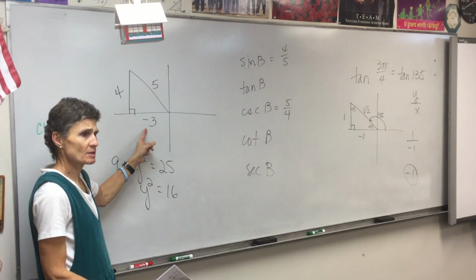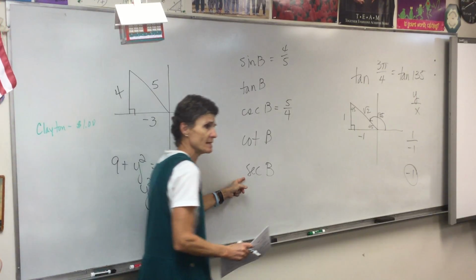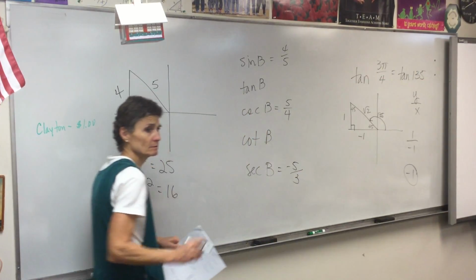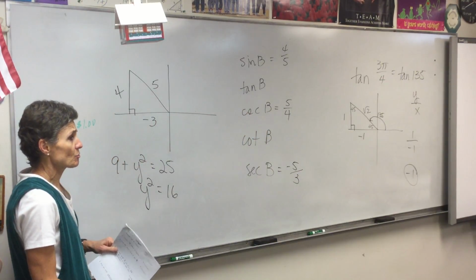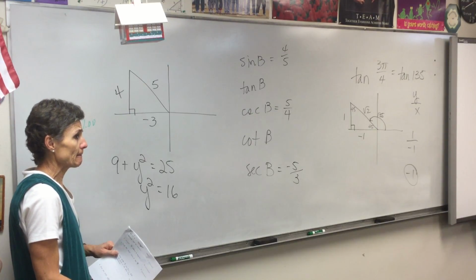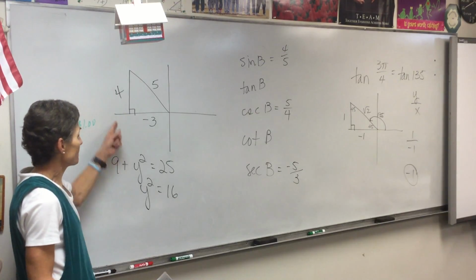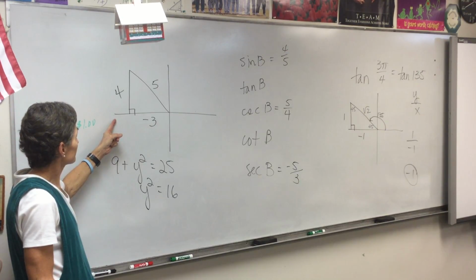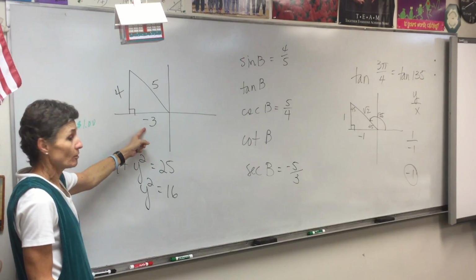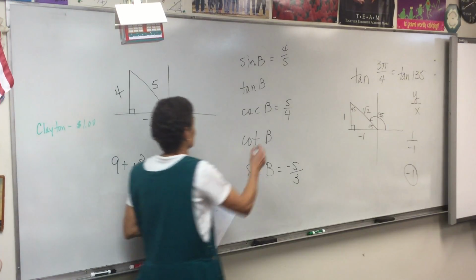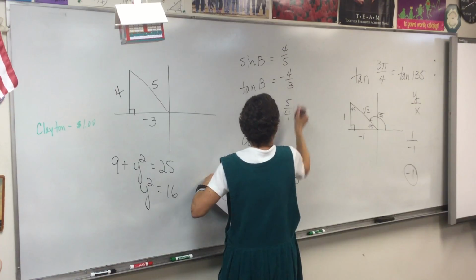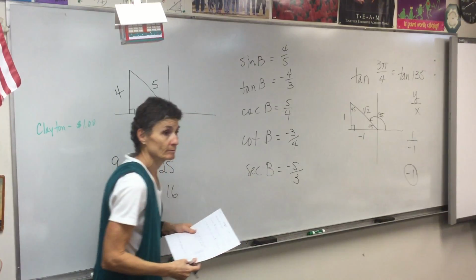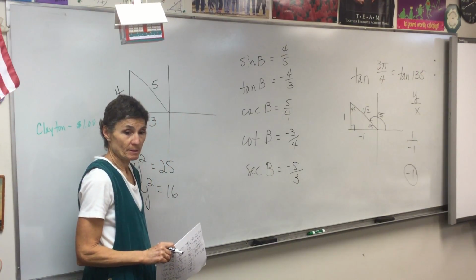Cosine negative 3/5, which automatically means secant must be negative 5/3, because secant is the reciprocal of cosine. Alright, what's my tangent? Opposite over adjacent, negative 4/3. Which means your cotangent is negative 3/4. Easy peasy, got it?